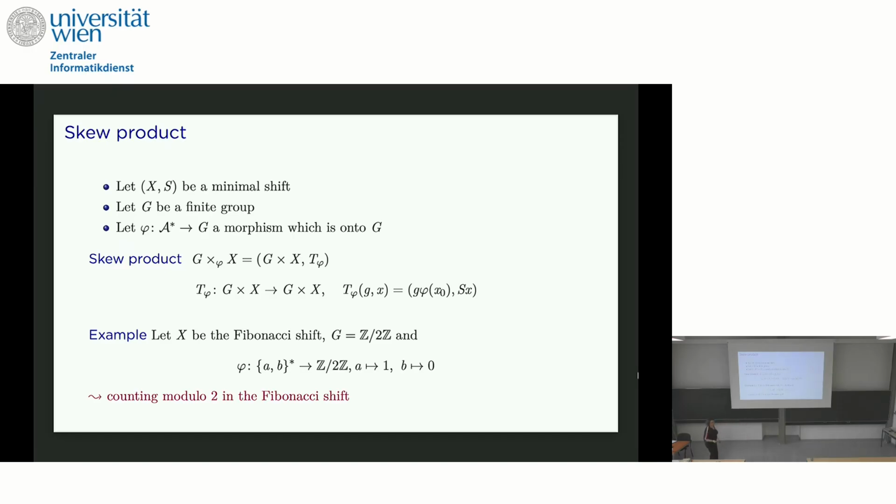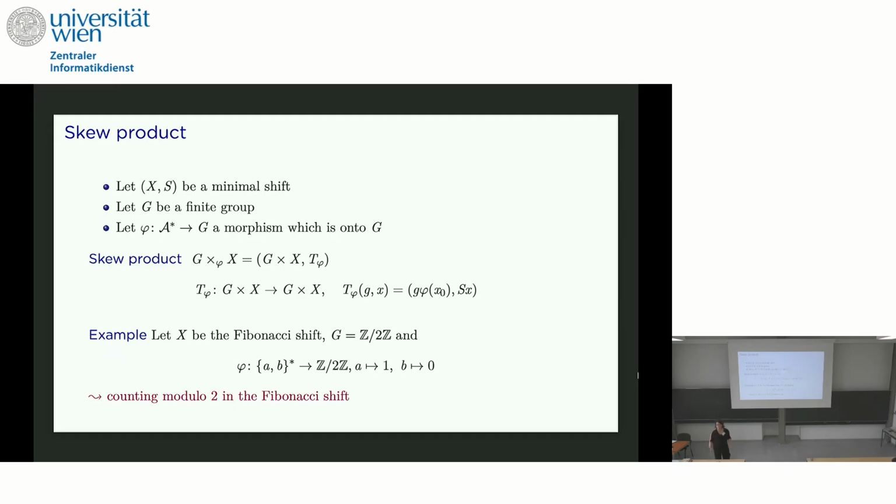If we start with a Fibonacci shift and take the group which corresponds to seeing parities, then we can embed the letters in it by saying when you see an A, you put a 1, when you see a B, a 0. With that, you can count things modulo 2 in the Fibonacci shift.